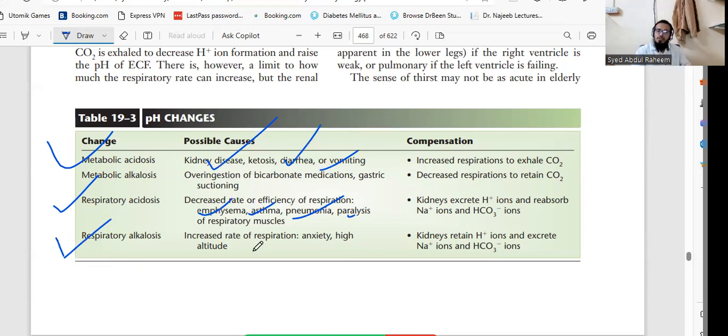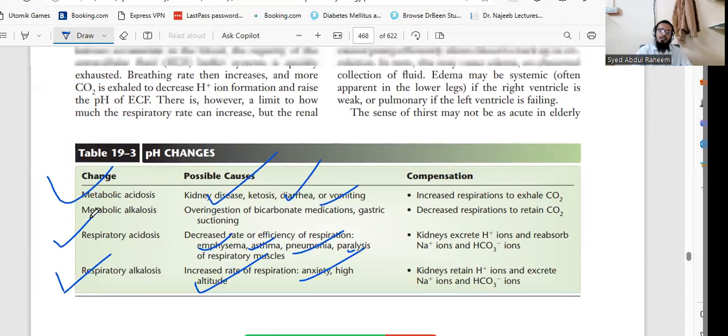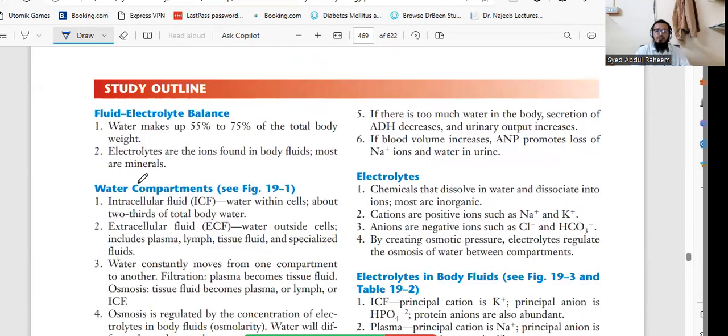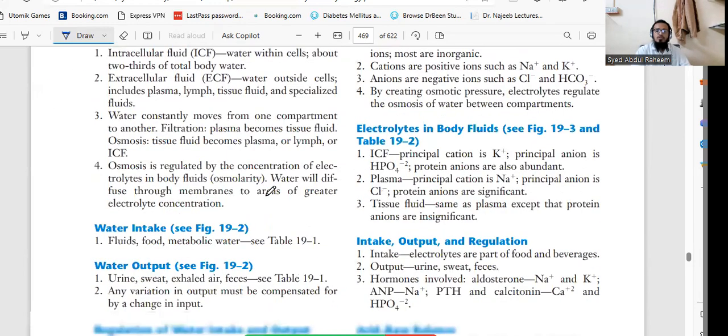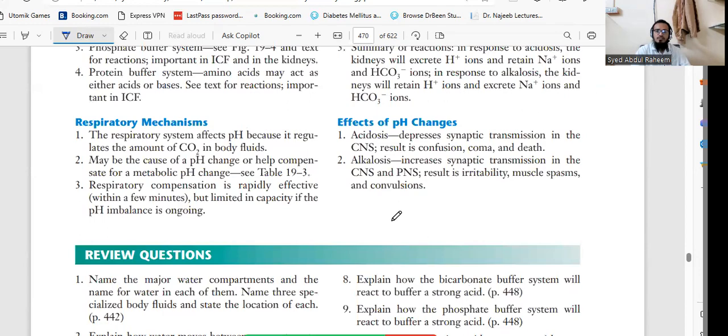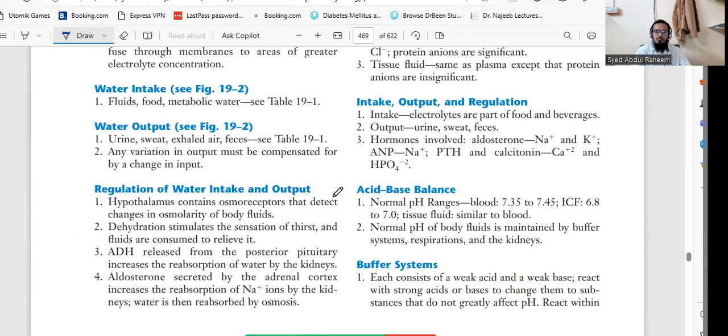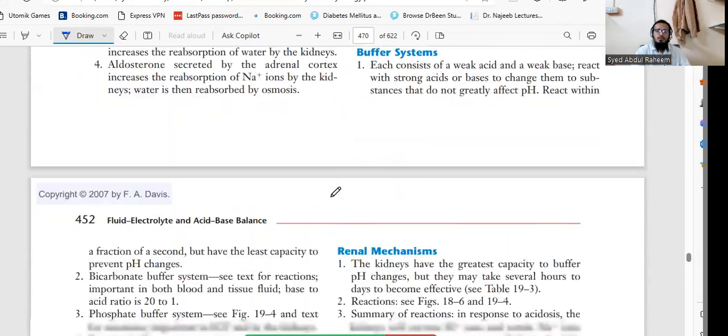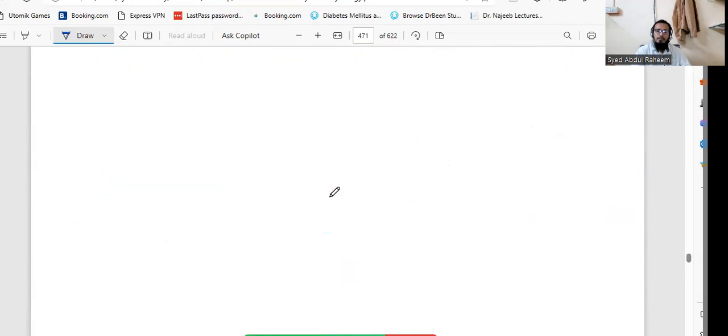Respiratory alkalosis is caused by anxiety and high altitude. So we have a study outline to go through, and you have to know all these things. It will help to summarize everything. So we completed pH level.